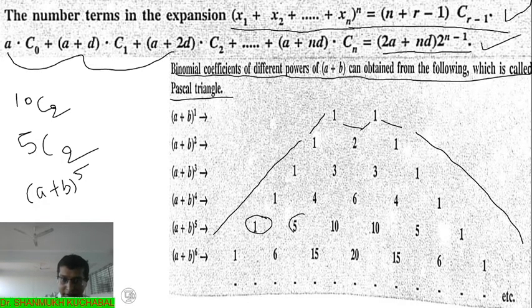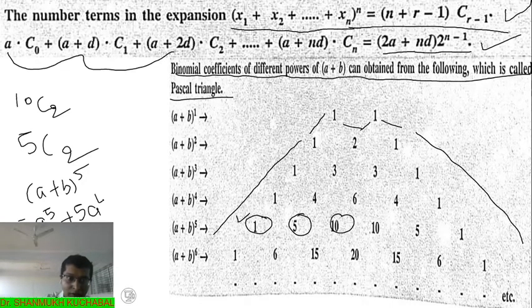It is a^5, next 5 a^4 b, next 10 a^3 b^2, where a decreases and b increases. See, 4 plus 1 is 5, 3 plus 2 is 5, the total power stays constant.